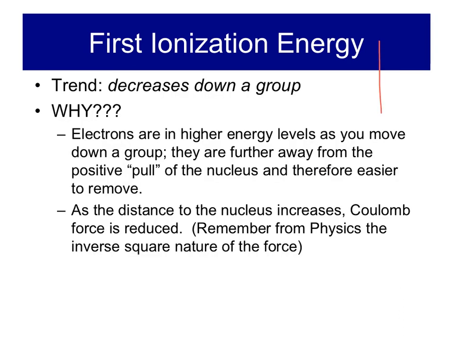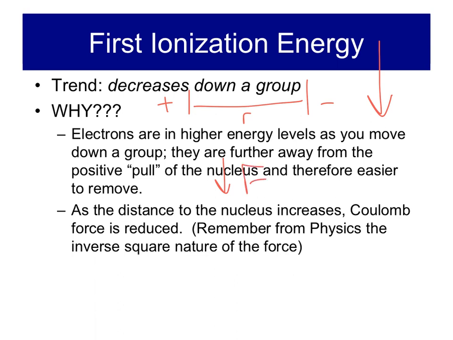As you go down a group, for example, from hydrogen to francium in the alkali metals, the ionization energy is going to decrease, which basically means it is easier and easier to steal the electron. That's because as you go further and further away, the protons are further and further apart from the electrons. So the distance, or the R value in Coulomb's law, is going to increase, which is basically going to decrease the force of attraction.